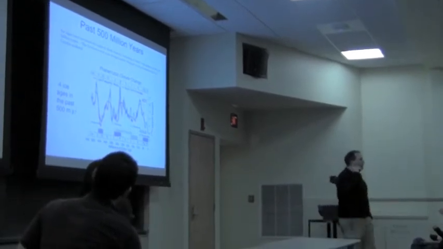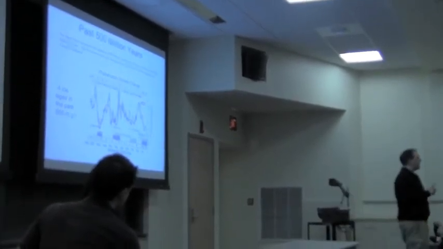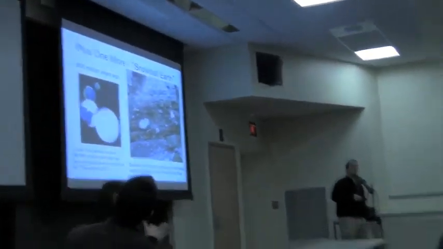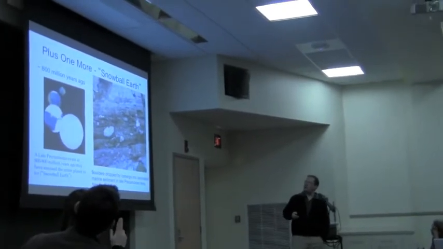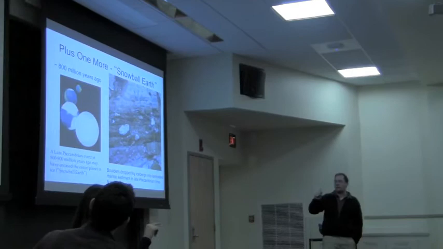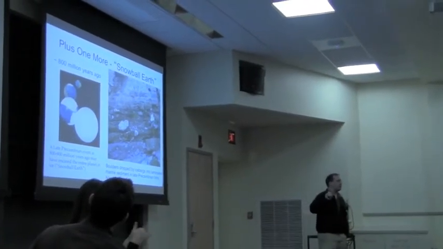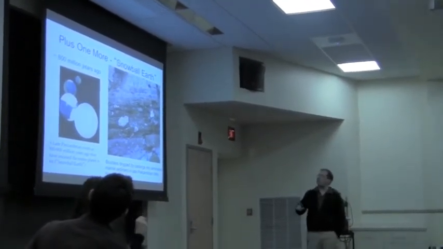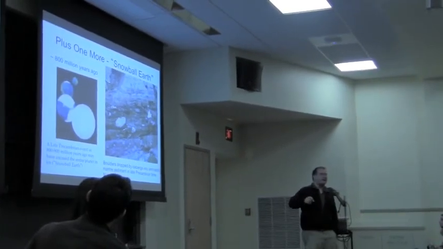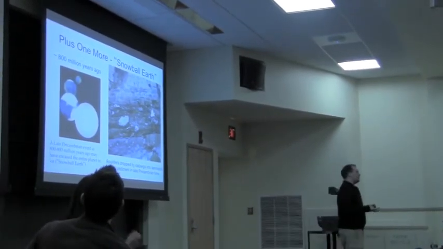Before this, there was a very special glaciation. There's evidence for a very special glaciation that happened about 800 million years ago during a period known as the Cryogenian. This was before complex multicellular life arrived on Earth. There's evidence that 800 million years ago, the entire surface of the Earth was covered in ice.